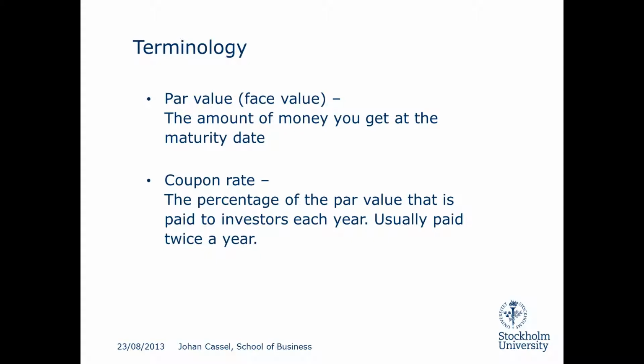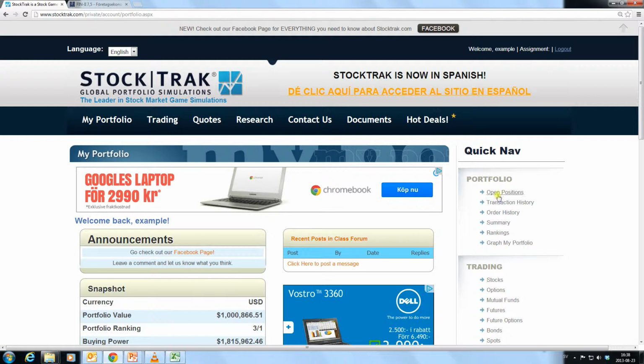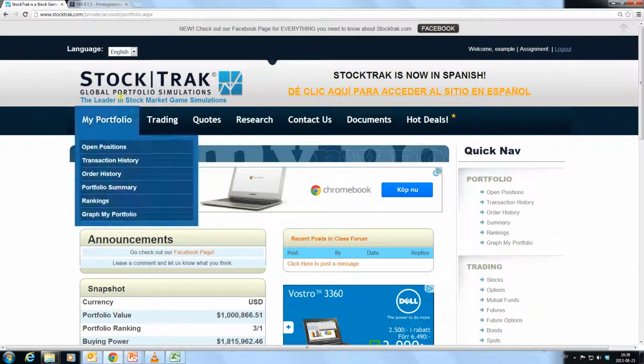What this means is that if you have a coupon rate of 5% and you have a par value of $1,000, that means that the yearly coupon would be 5% of $1,000 or $50. Since you pay it twice every year, that means that every 6 months you get a coupon payment of $25 in this case.